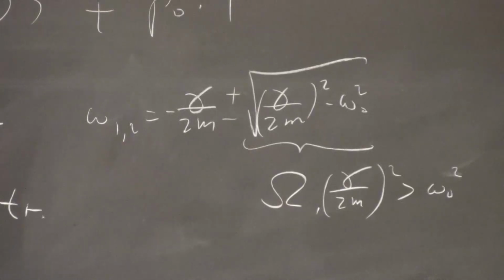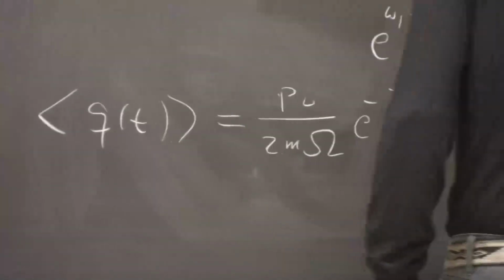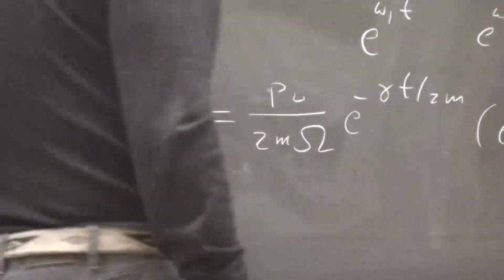Why do we get the minus? What is it? No, it is a plus. It is a plus, so this is what it is. Okay, good. So this is a plus.